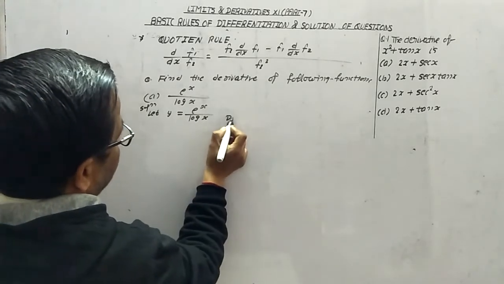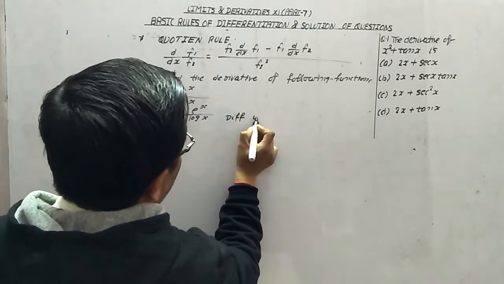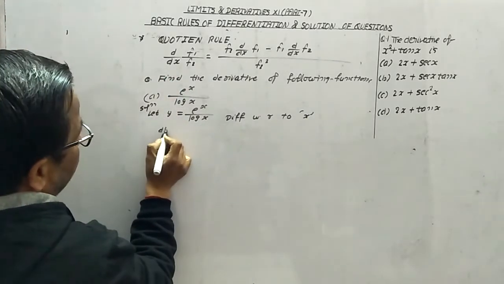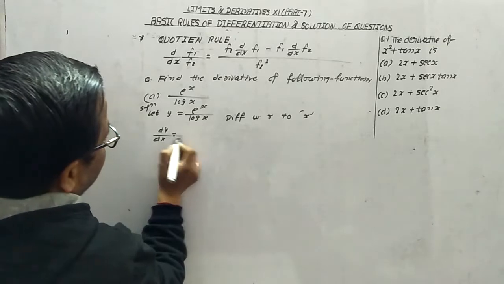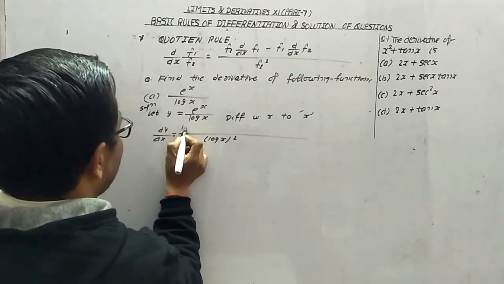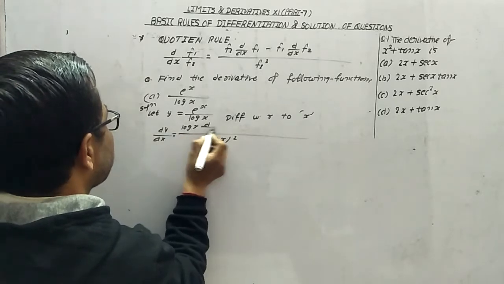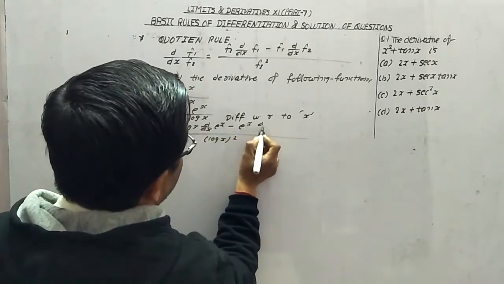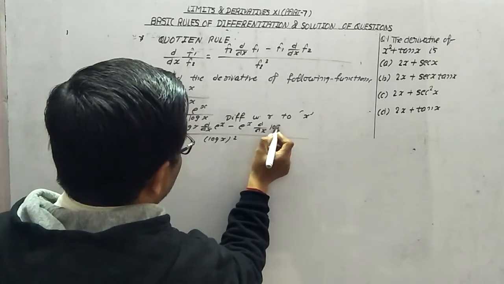Now differentiate with respect to x. We will get dy by dx, according to the quotient rule, log x whole square in the denominator, log x as it is, d by dx of e raised to power x, minus e raised to power x as it is, d by dx of log x.